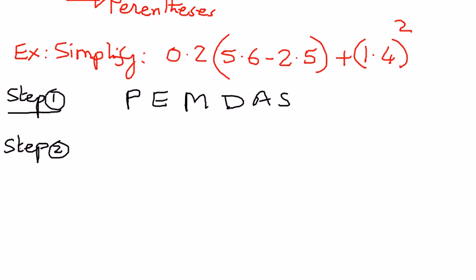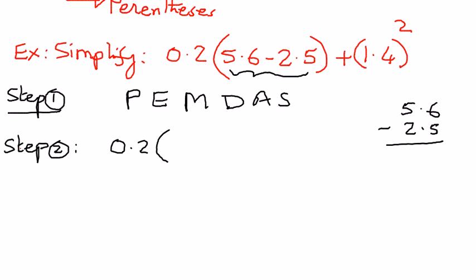So step number 2, we want to simplify the terms inside the parentheses. We write the whole expression down, 0.2 open parentheses 5.6 minus 2.5.